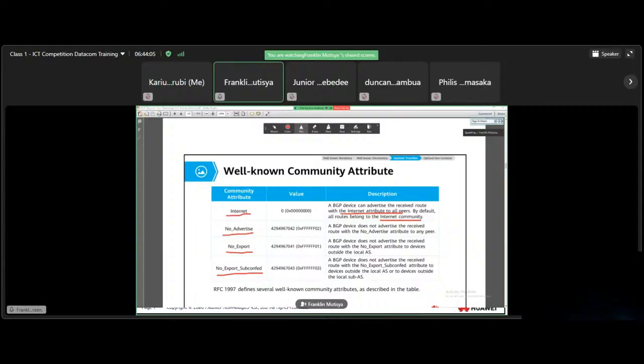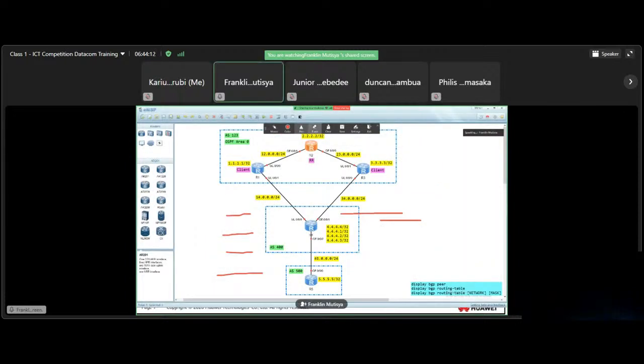Let me try to illustrate: assuming we have this IBGP network up here, 1, 2, 3. Confederations means inside this BGP, you can still have other small networks with routers. We call them sub-confederations. Within a large BGP network, you can have small ones, with other routers also connected in that manner.